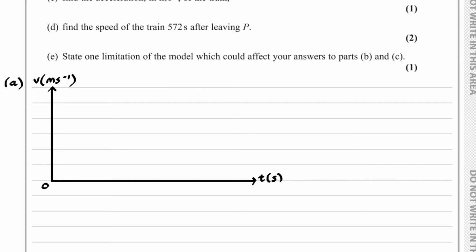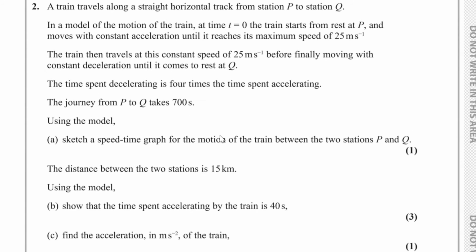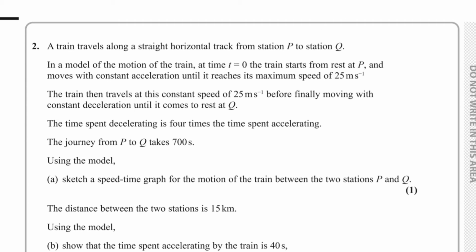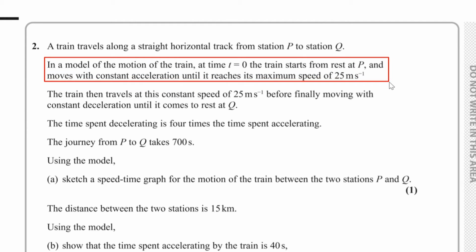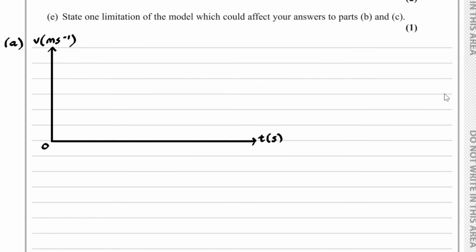So for part A, for the first part of the journey, we know that it starts from rest and it moves with constant acceleration until it reaches a maximum speed of 25 meters per second.